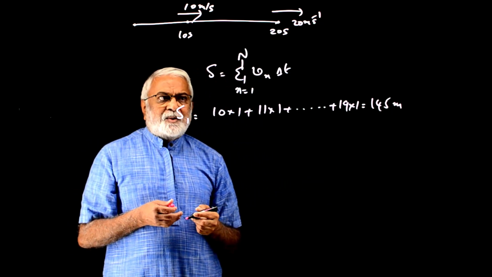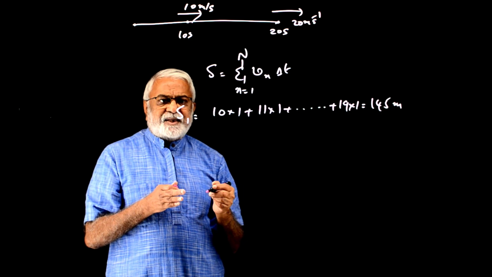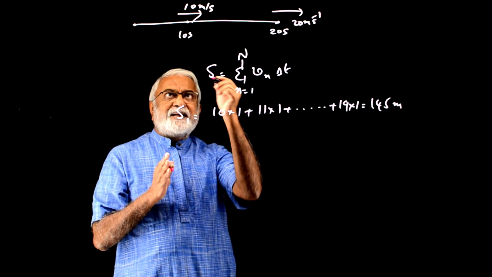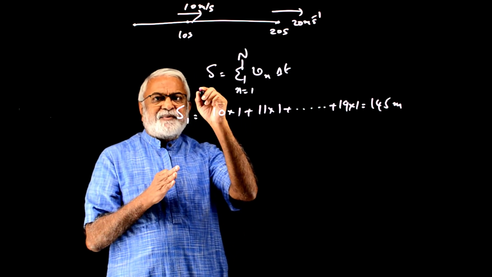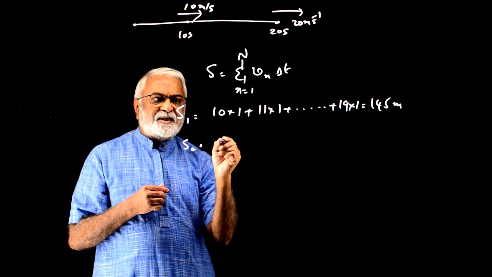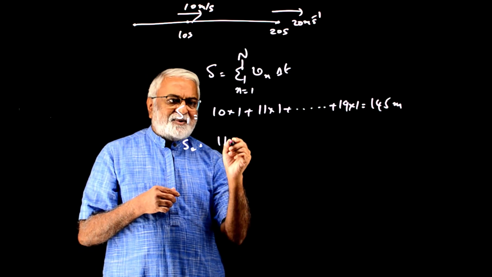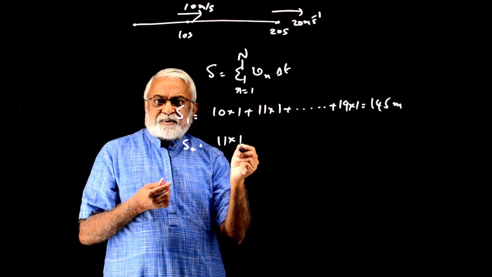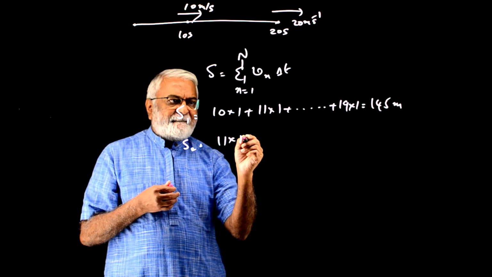And we'll go the other way now. Let's say we'll take the velocity as constant at the higher end, the higher of the values. So if it increased from 10 to 11 meter per second, let's treat it as a constant 11 meter per second. So this will be the displacement for the first interval.